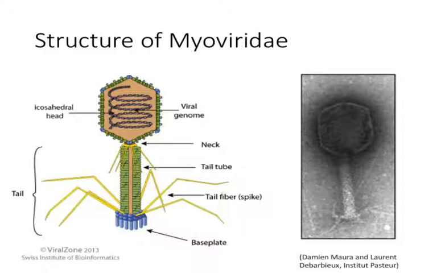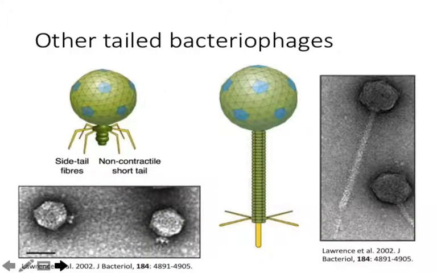If you were to describe the difference between the Myoviridae and then the Siphoviridae and Podoviridae, what would you say is a major difference between them? The length of the tail. Yeah, that's the biggest distinguisher between them. And oftentimes what you're going to find is that on the Siphoviridae, you're not going to necessarily be able to distinguish the tail fibers as well in an electron micrograph as you might with some of the others.